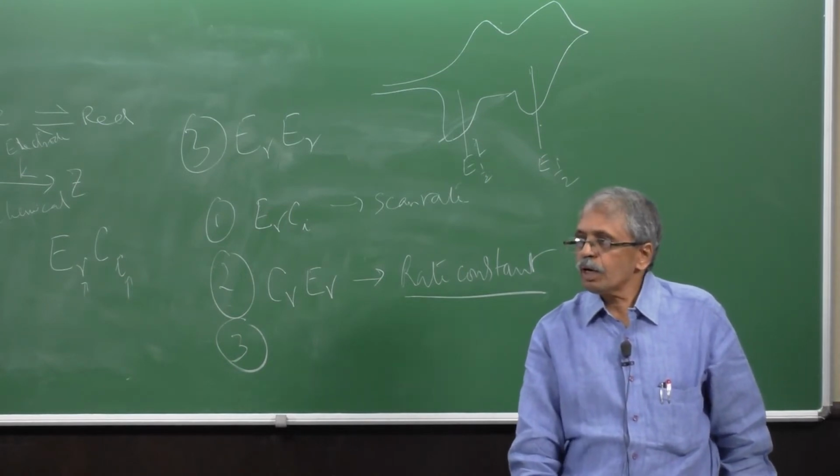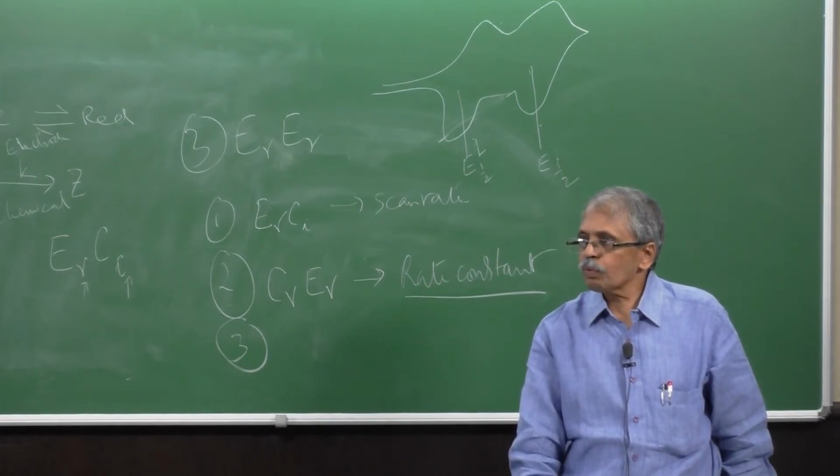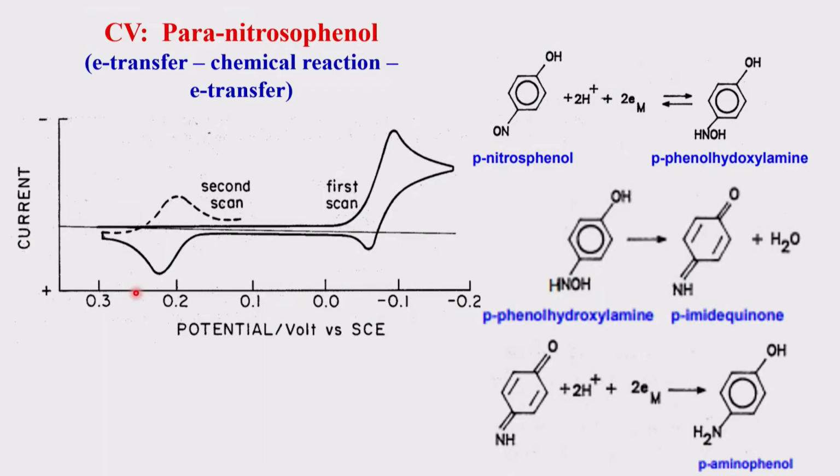And now, if you go further here, what is happening? You are going in the positive direction, and you have an oxidation peak. That means whatever is there in the bulk, this particular species will go into its oxidized form. And now this oxidized form will get re-reduced here, you can see. So, this peak is the re-reduction of this one, and this peak is the oxidized form of this one.